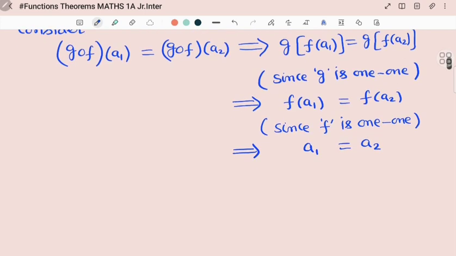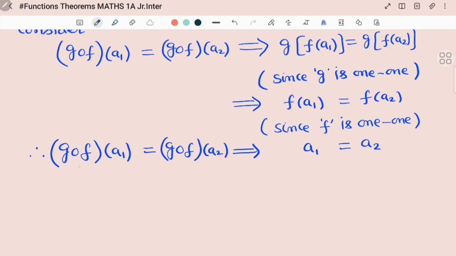So therefore, g circle f of a1 is equal to g circle f of a2. Whenever function values are equal, that implies elements are equal. Therefore, g circle f from A to C is 1-1.